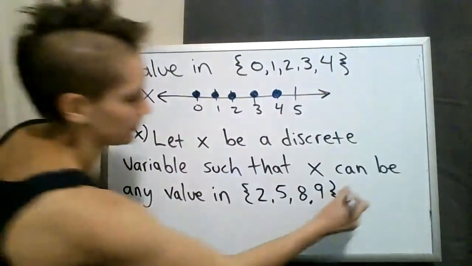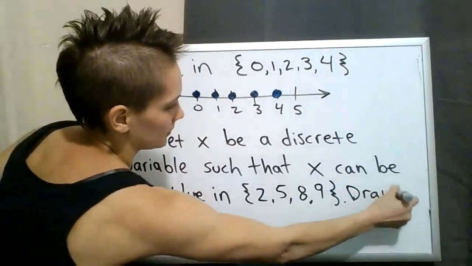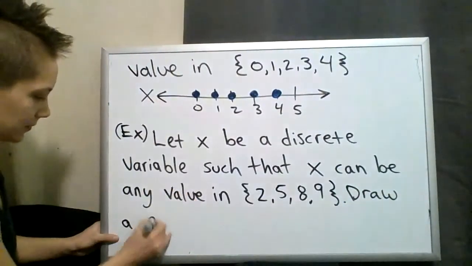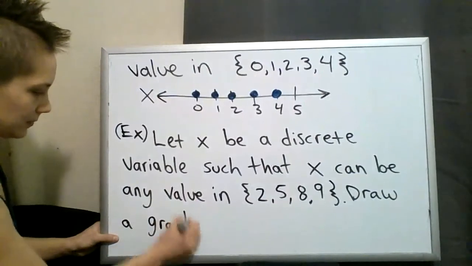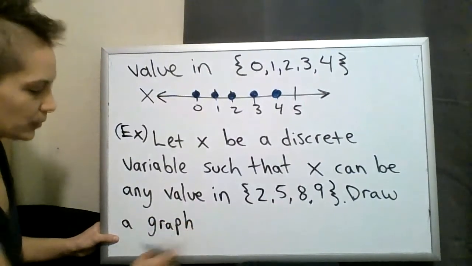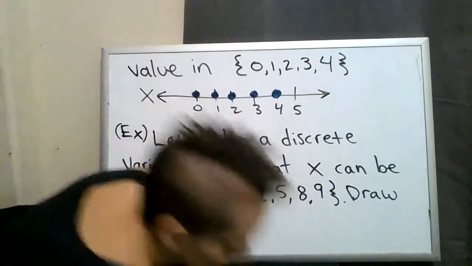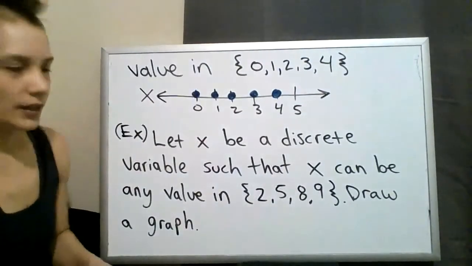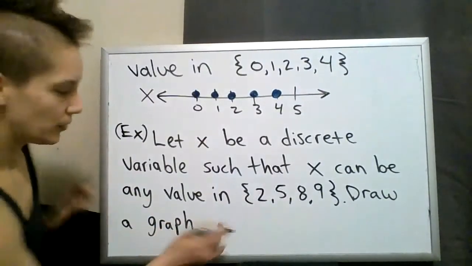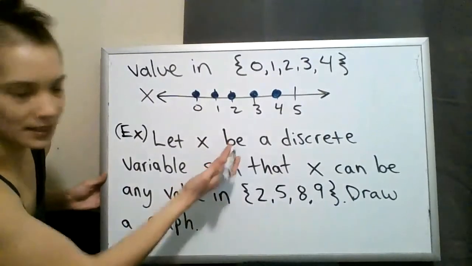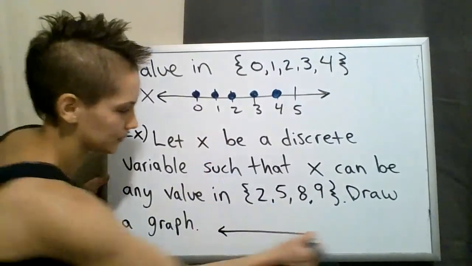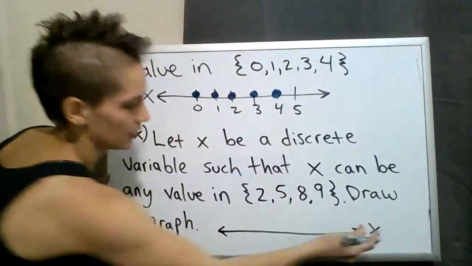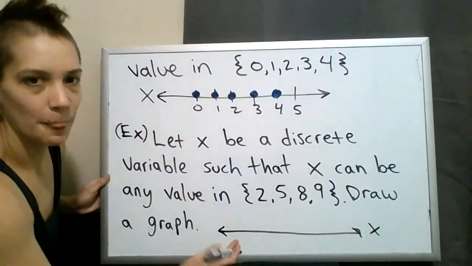Draw a graph for your variable. All right, you need one number line for your one variable x. This is where I put my possible values of x.